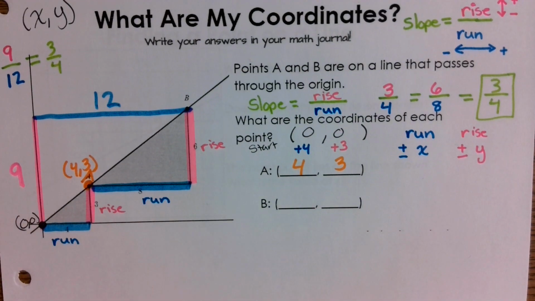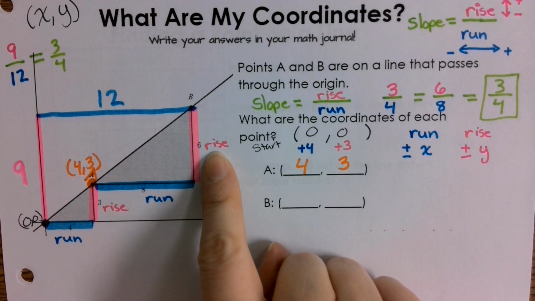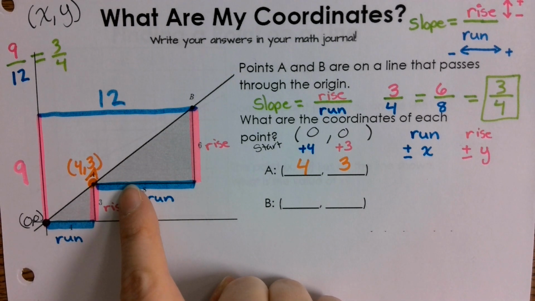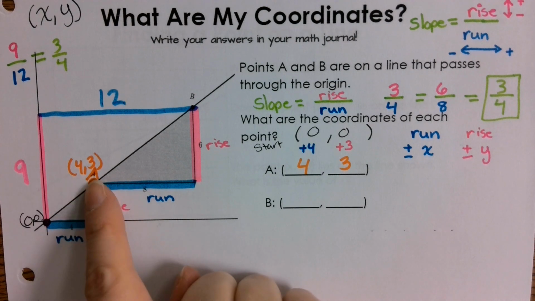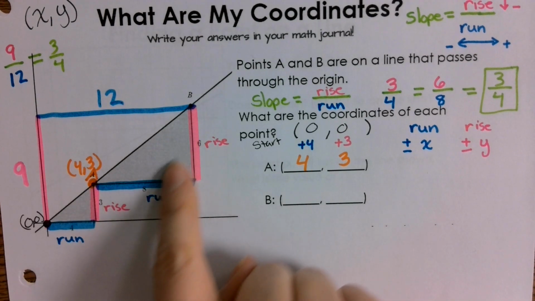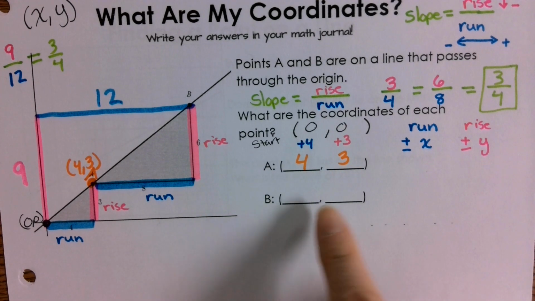Now, my next set of rise and run is not starting at 0, 0, is it? Where did it start at this time? 4 and 3. So from 4 and 3, I'm going to then go ahead and add on my rise and my run to my coordinates to find my next point.